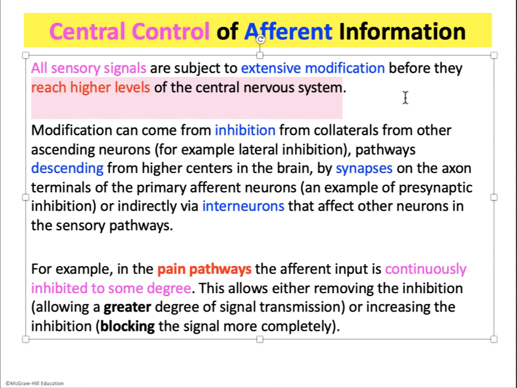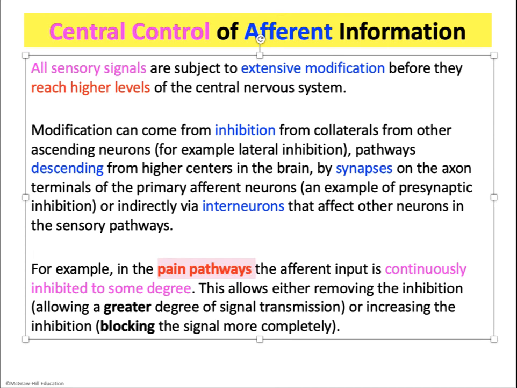These modifications can take the form of inhibition or excitation. The exact interplay is quite complex and can result from ascending neurons traveling together, descending pathways, neurons coming down from the higher centers, and by synapses on the axon terminals on these neurons, or indirectly by interneurons. The classic example of this being the pain pathways.